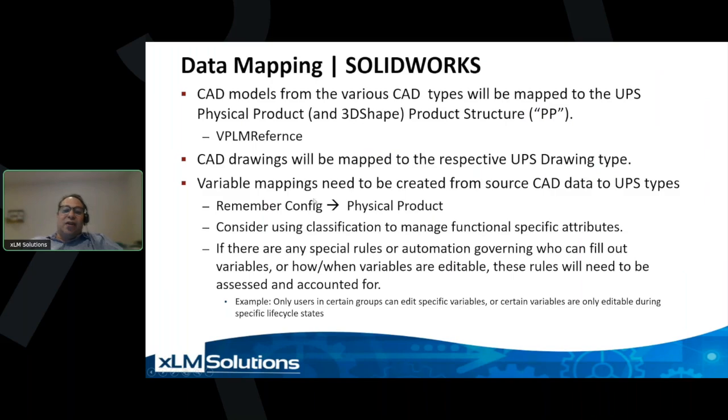So if you're mapping properties from the SOLIDWORKS model, it's really going to map properties from the config specific properties, not the file properties. So, when dealing with physical products and SOLIDWORKS data, you really need to think about configurations to physical products, not necessarily the file as a whole.